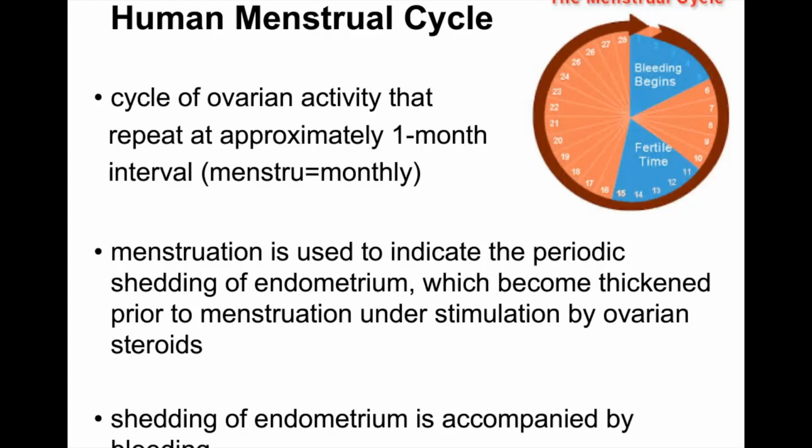The thickening involves nutrients being added to promote successful fertilization in addition to increased vascularization. The shedding of the endometrium is accompanied by bleeding and can be thought of as day 0 in the menstrual cycle.